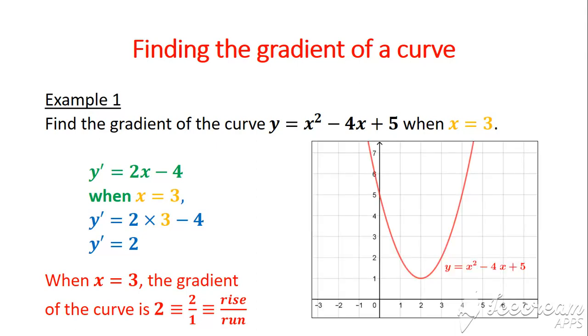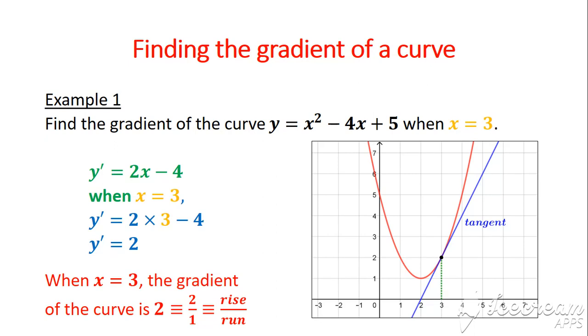So what does this mean? Well, let's have a look at the graph, y equal to x squared minus 4x plus 5. And here's the point on the graph when x is equal to 3. And I'm going to draw in a tangent. Tangent is a straight line that touches the curve at one point. Now the tangent and the curve have the same gradient at that point of when x is 3.